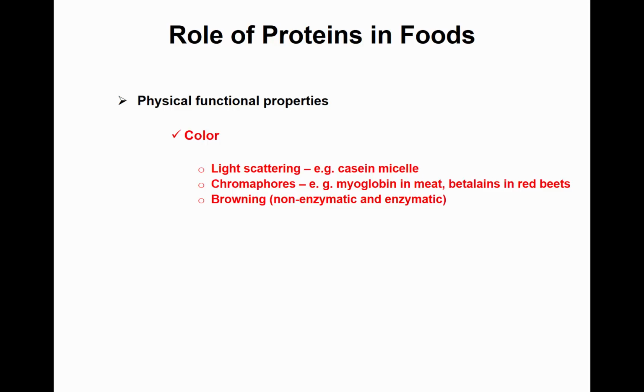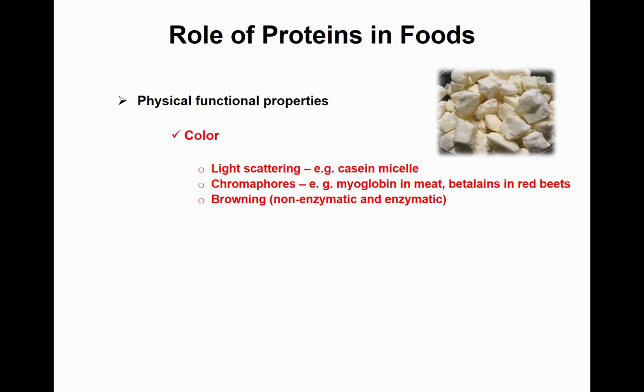Some proteins are the color giver of a certain matrix. For example, they are light scattering, such as casein micelle, so it gives you this unique white color of your curd or milk, and then yogurt, and then the cheese curd. So cheese is not yellow, that is a lie.